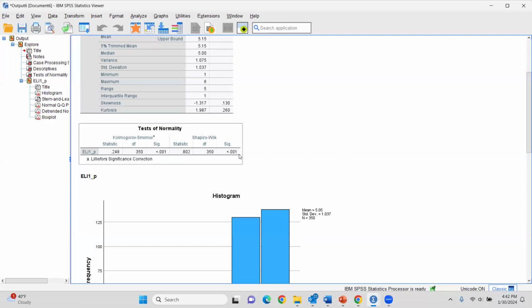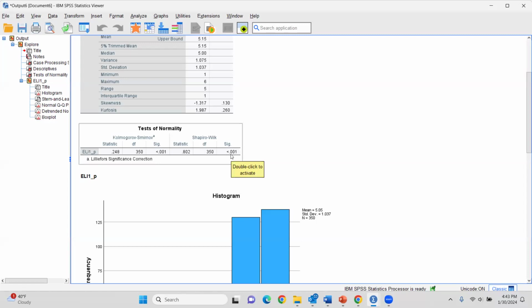So in this case, what it's telling us is that because this value on the Shapiro-Wilks test, the sig value, also known as the p-value, is less than 0.05, there's a non-normal distribution. So it's backwards of what you would think.